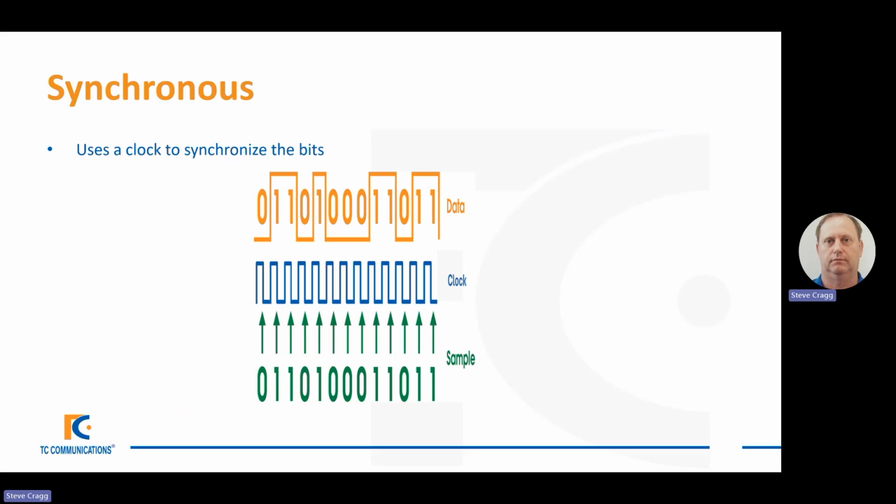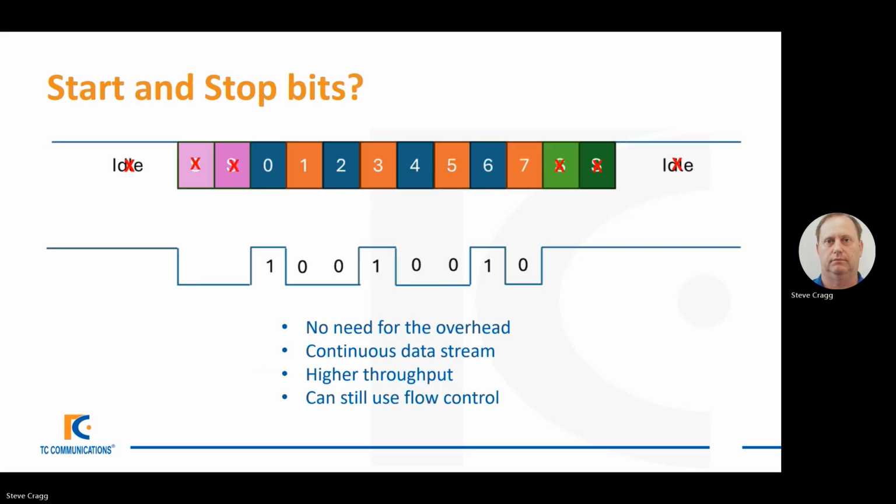Now, the benefit of this is that I can send long strings of data without the need to keep sending the start bits and the idle tones and all the rest of it. So this means that the overhead is greatly reduced.